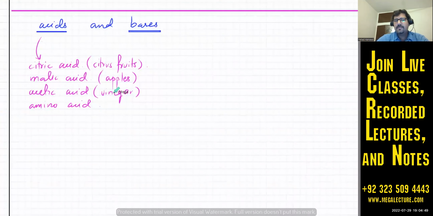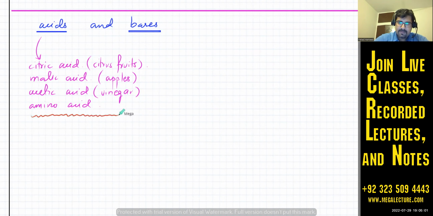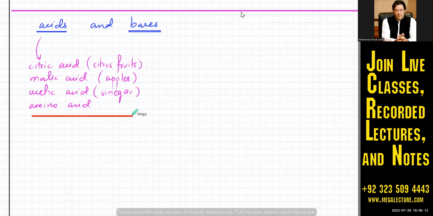What are the properties of acids? Like, what do they do? Everyone should know one: what does it do to a litmus paper? Sir, it turns red.